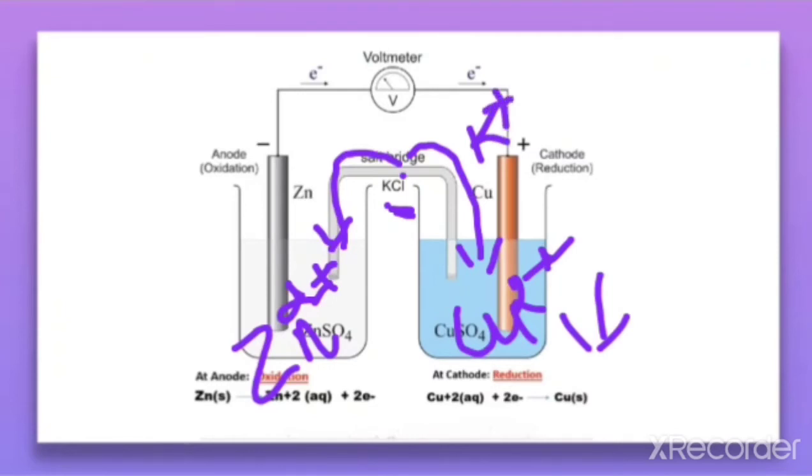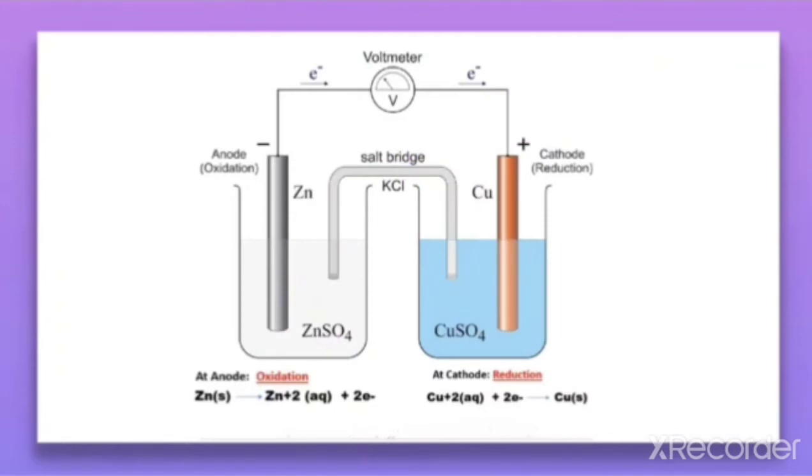Because of this, the electrical neutrality will be maintained. So the first important function is that it maintains the electrical neutrality of the cell, and the second is, as we know, that the circuit should be complete. As we can see, the circuit is complete because there is no direct connection between these two rods.